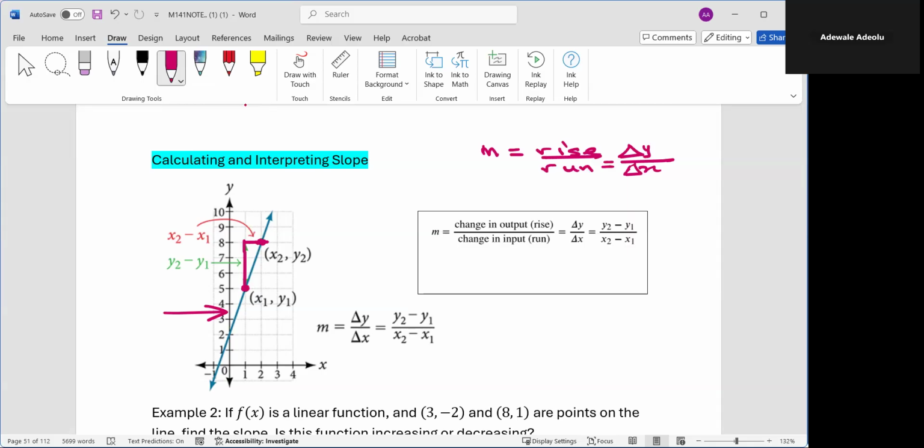But that is not what we want to do. Let us look at this. At this point here, I call it x1, that is the first x, not this one, but the first x. And at that same point, I have the y value for it. So that is the first y. So x1, y1.